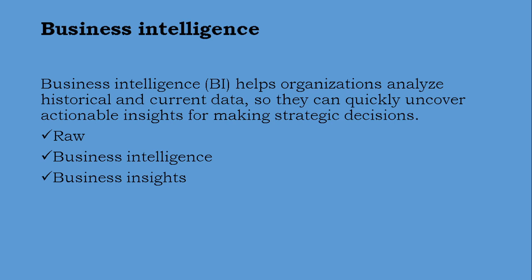The main aim of BI is to use the past data that the company has collected to discover something from that data, or to use the current data the company is collecting at the moment to discover insights. And those insights will be used in decision making.